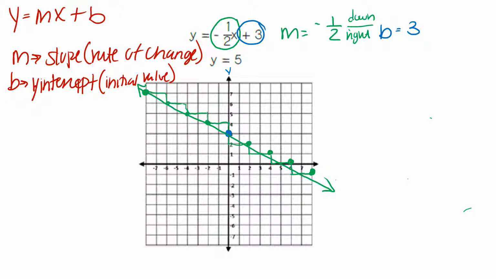Make sure you go back and erase your counting steps. When you have a finalized answer, you can only have your points and your line.